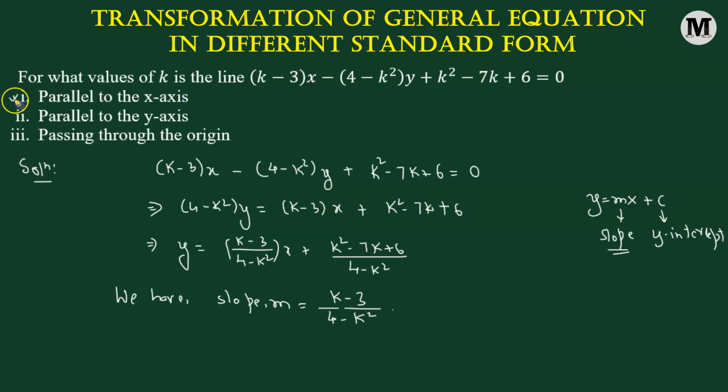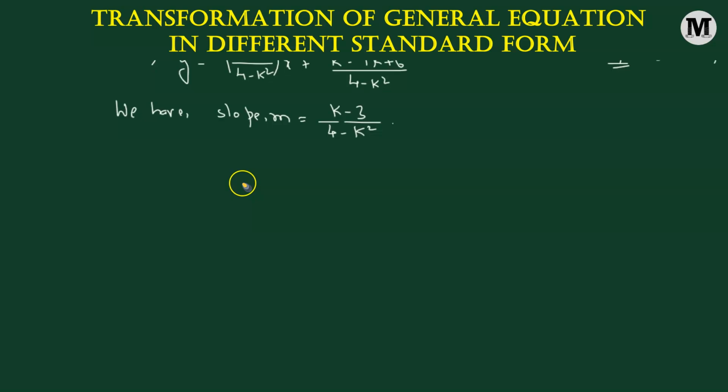Now let's apply the first condition, when the line is parallel to the x-axis. What does it mean when we say that the line is parallel to the x-axis? This simply means that m must be equal to 0, because the tangent of the angle that the line makes with the x-axis is 0, and tangent of 0 equals 0 as well.